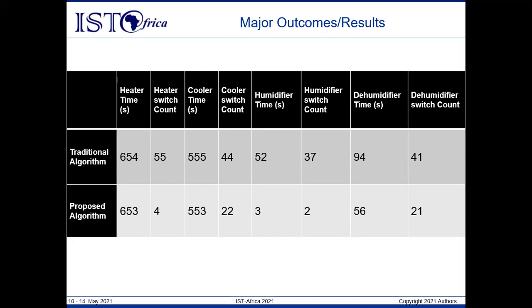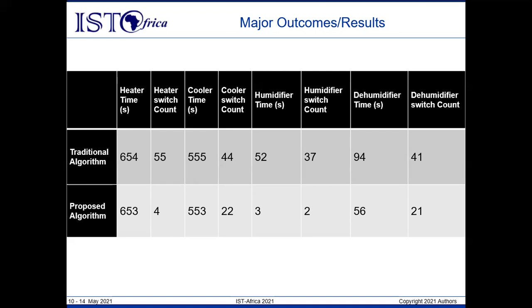And the number of times it was switching on and off was very high when using the traditional algorithm, 37 times, as compared to 2 times when using the proposed algorithm. Same thing for the dehumidifier, which ran for 56 seconds when using the proposed algorithm, but ran for 94 seconds when using the traditional algorithm. And the number of times it was switching on and off was almost double when using the traditional algorithm than when using the proposed algorithm.